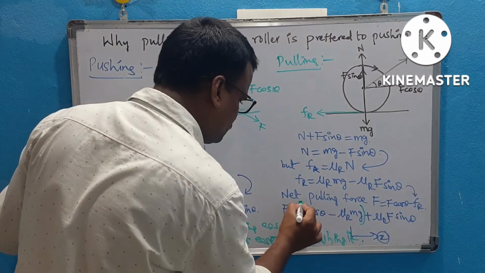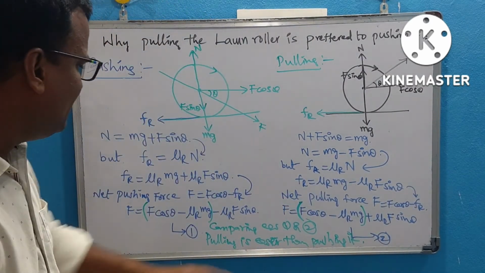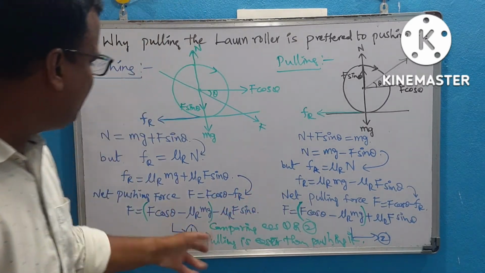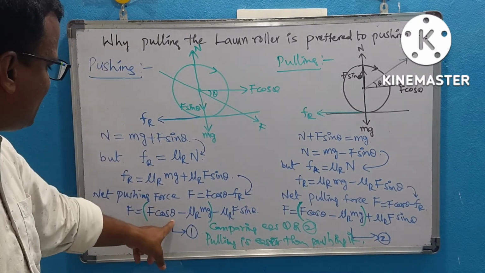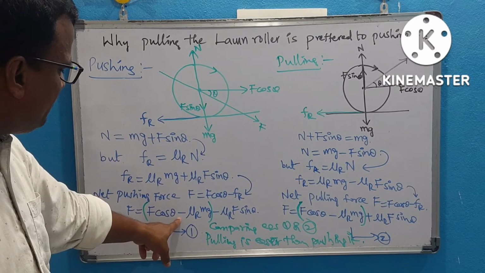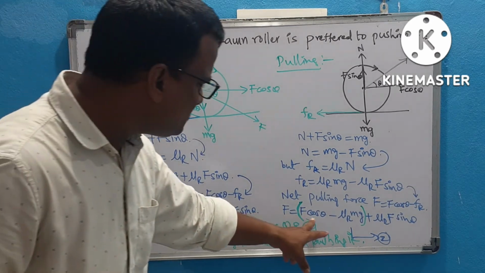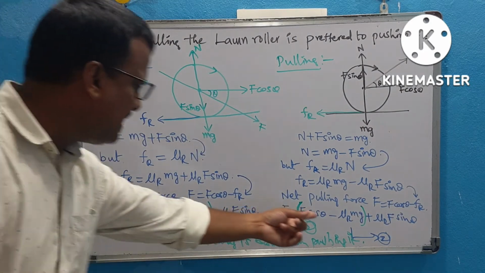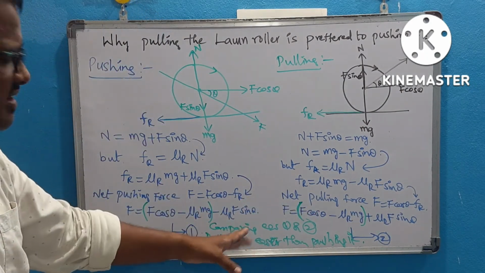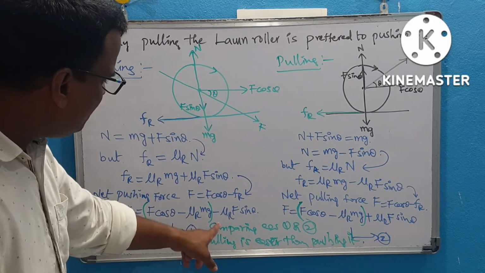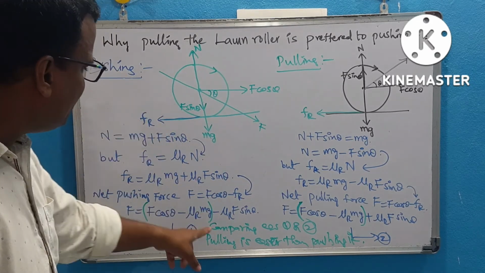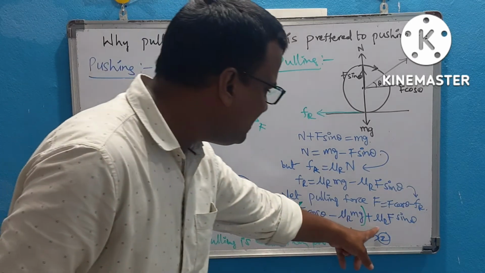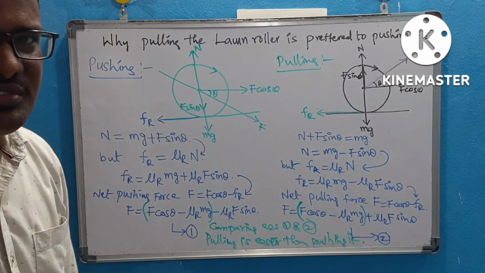Whatever the terms in the brackets, they are the same in both equations: here F cos theta minus mu r mg, and here also F cos theta minus mu r mg. But after the bracket, for pushing we get minus mu r F sin theta, but here we get plus mu r F sin theta.